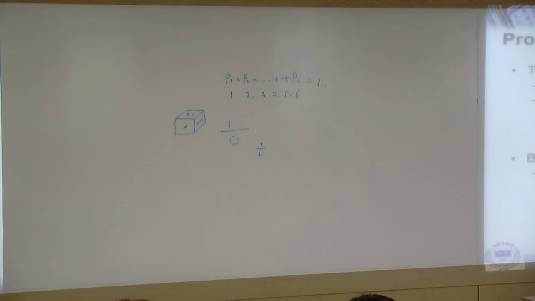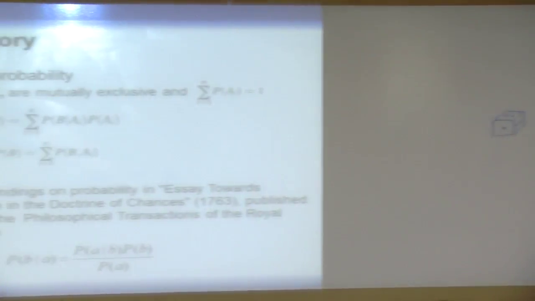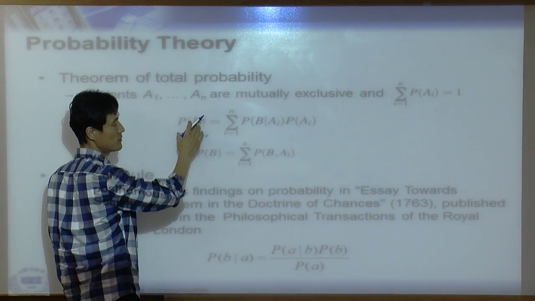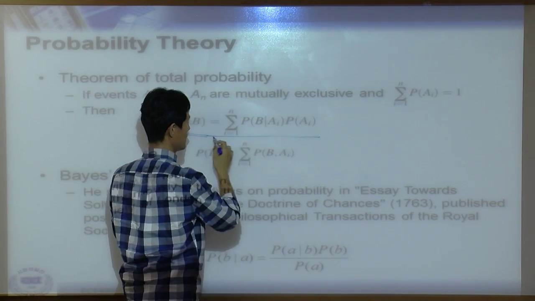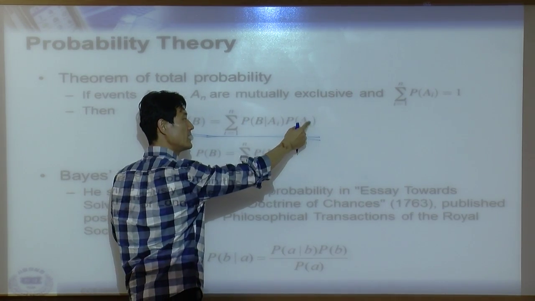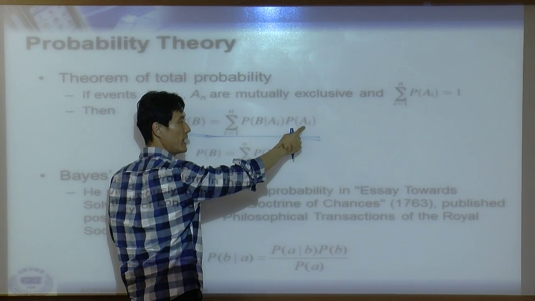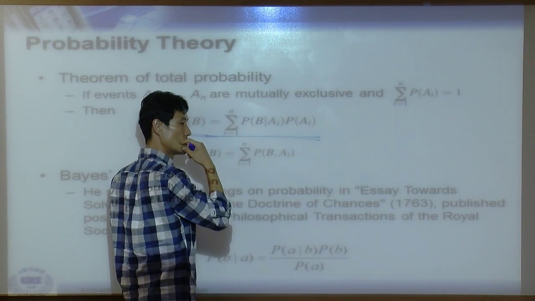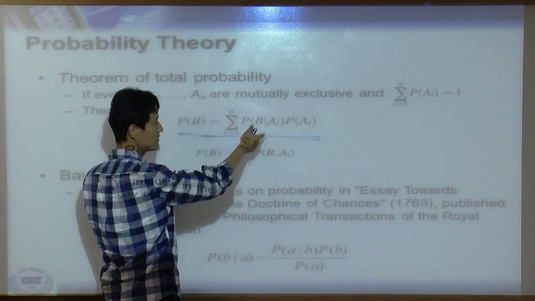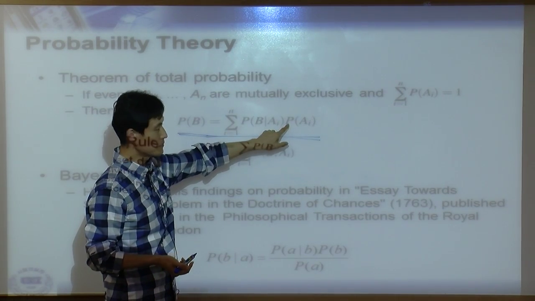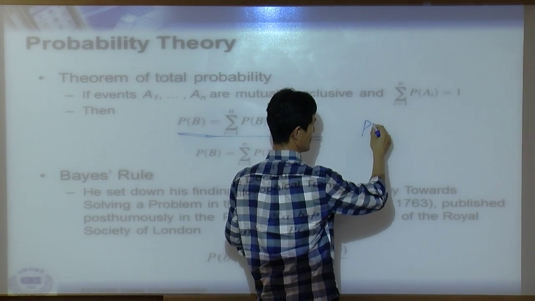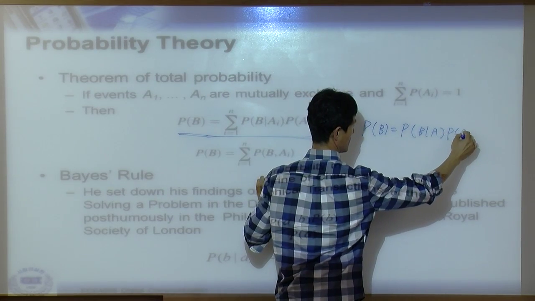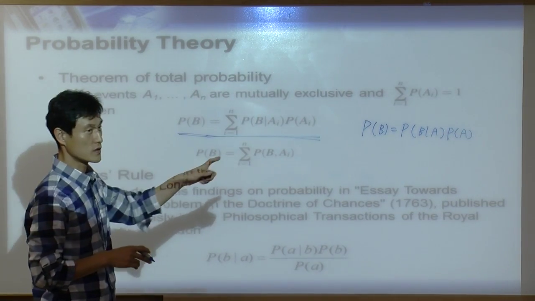Now in here, the total probability tells you that the probability of B, whatever B means, equals the sum over A of the probability of B given A times the probability of A. We know this one, right?